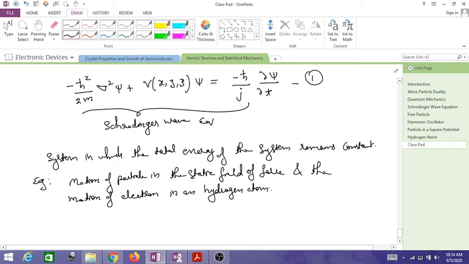So you can consider this as a typical example where the motion of the particle in a static field of force and the motion of electrons in the hydrogen atom.